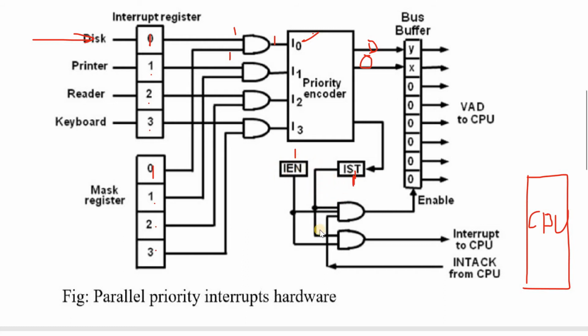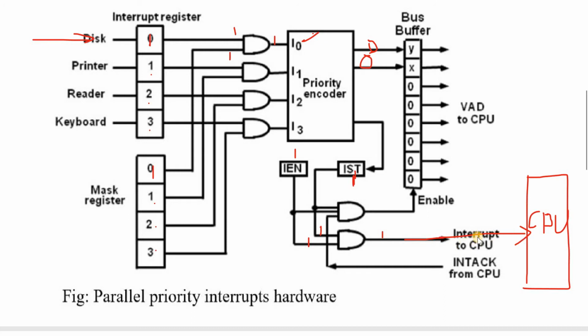So with this logic 1 and the interrupt enable logic 1, we apply these two inputs to the AND gate. The AND gate inputs are 1 1, so the AND gate output equals 1. If it is logic 1, that indicates this is the enable line, that means the interrupt signal is requesting the CPU. Until then, the CPU will not receive any interrupt request from this device.